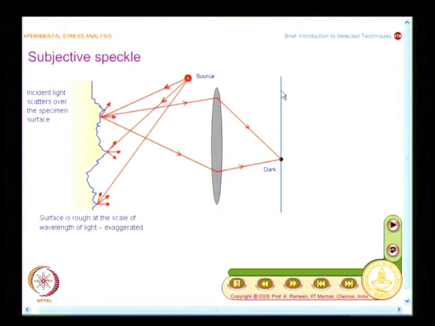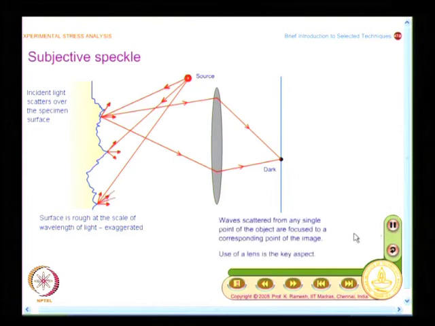Similarly, for this another point, I will choose the point in a manner that there is constructive interference and I have a bright point.